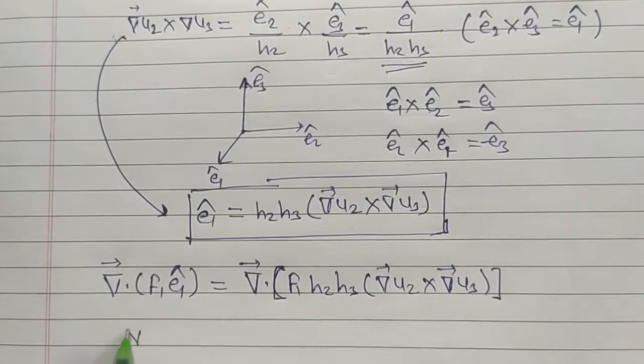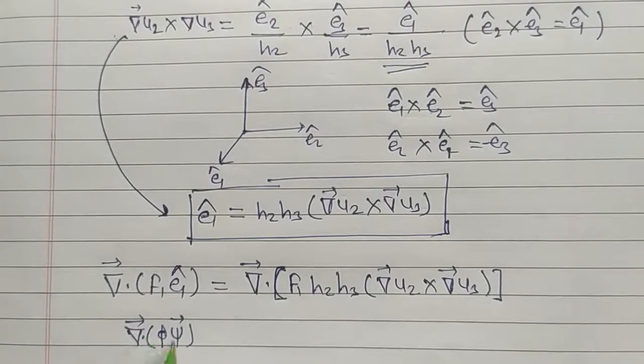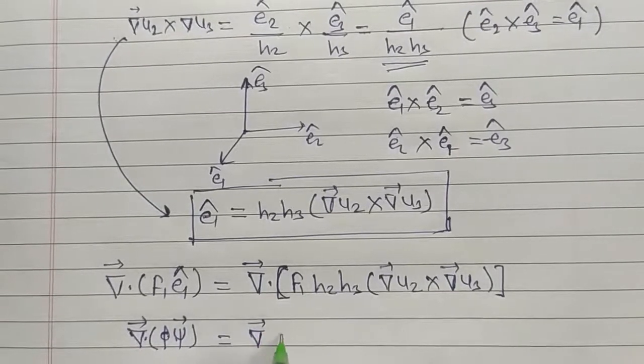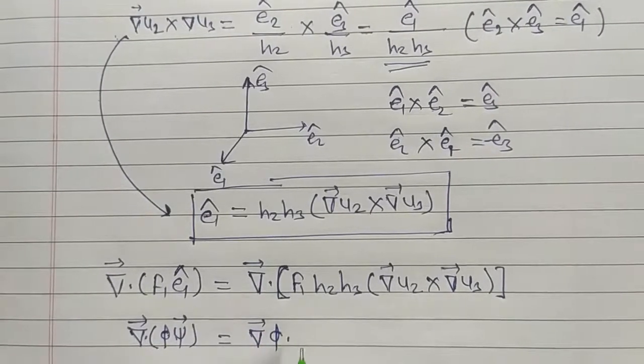Now there is a formula we can use. If del bar is operating on some scalar function phi and some vector function psi bar, with a dot product of del bar with this quantity, then it can be expanded as del bar phi dot psi bar plus phi del bar dot psi bar.